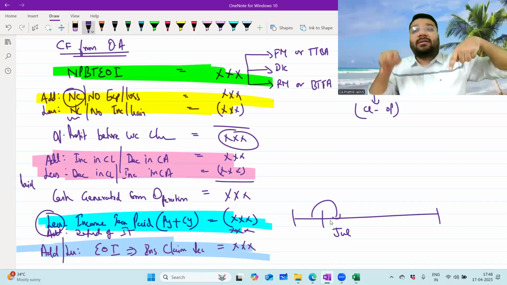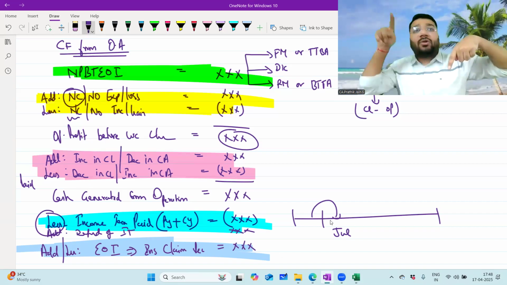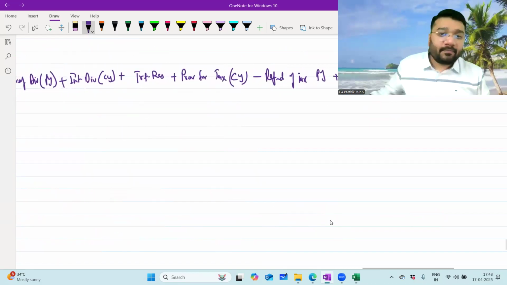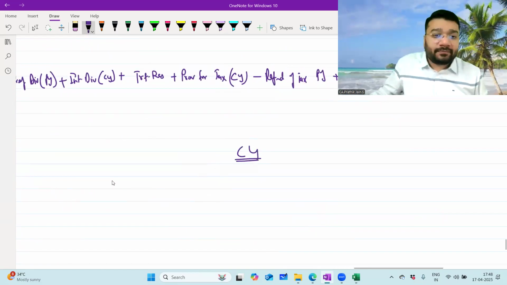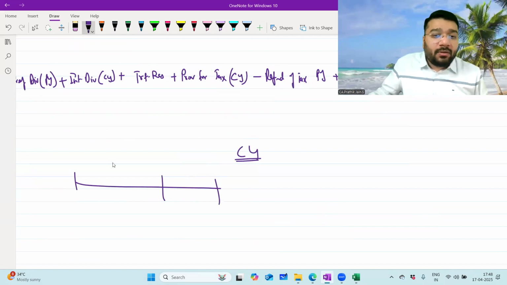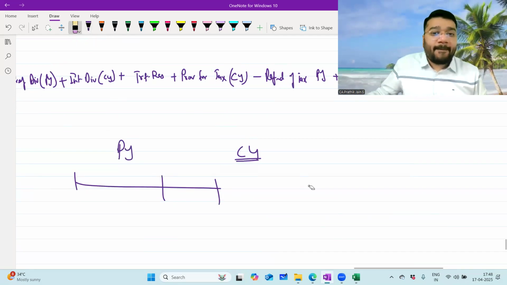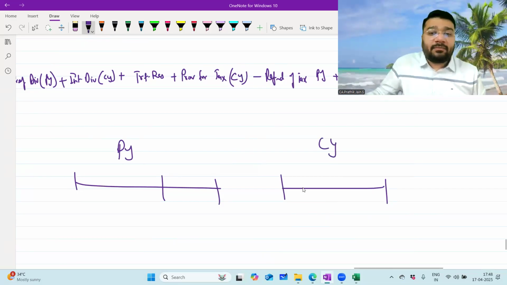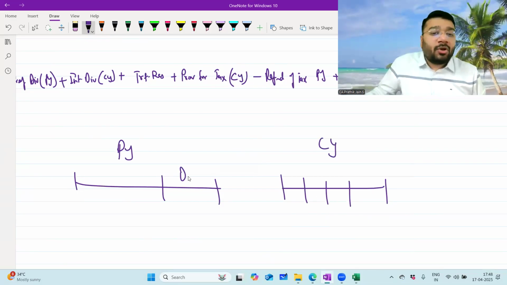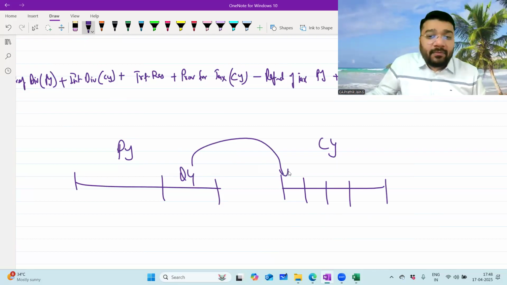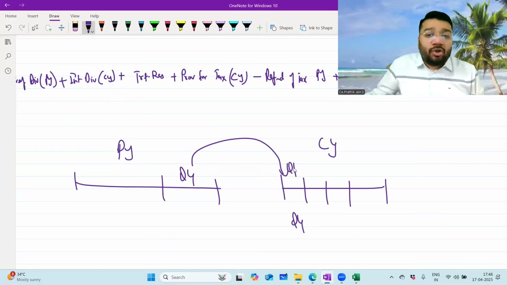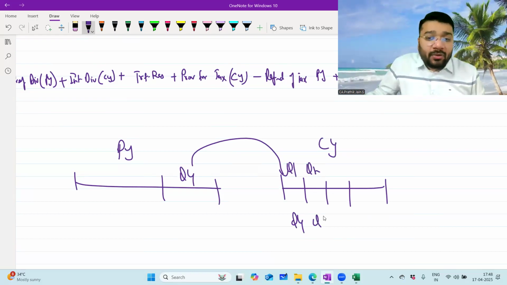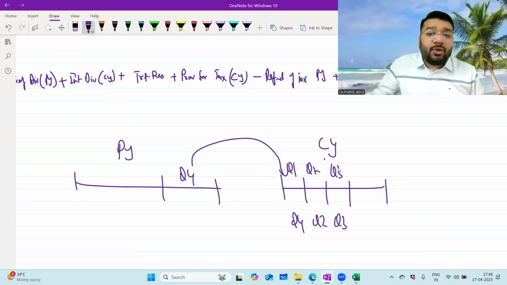In other words, let's say this is the current year. Quarter 4's money, when do you pay? Here. So in Q1, you pay the Q4 of last year. Q1's money, when will you pay? Q2. Q2's money, when will you pay? Q3. Q3's money, when will you pay?